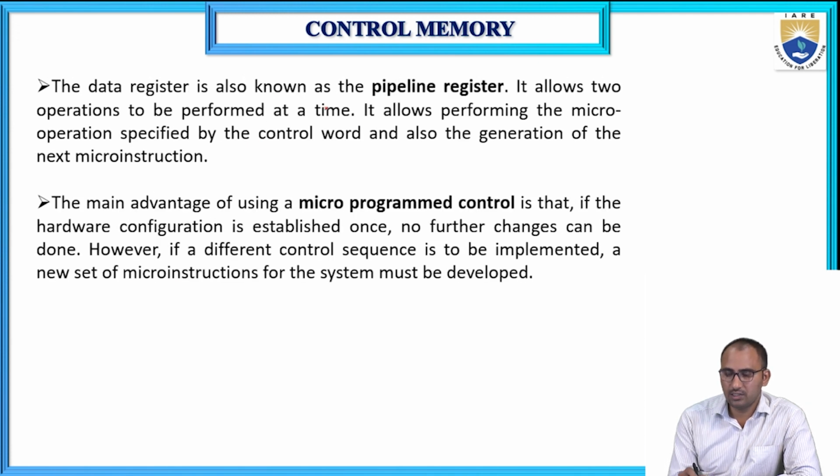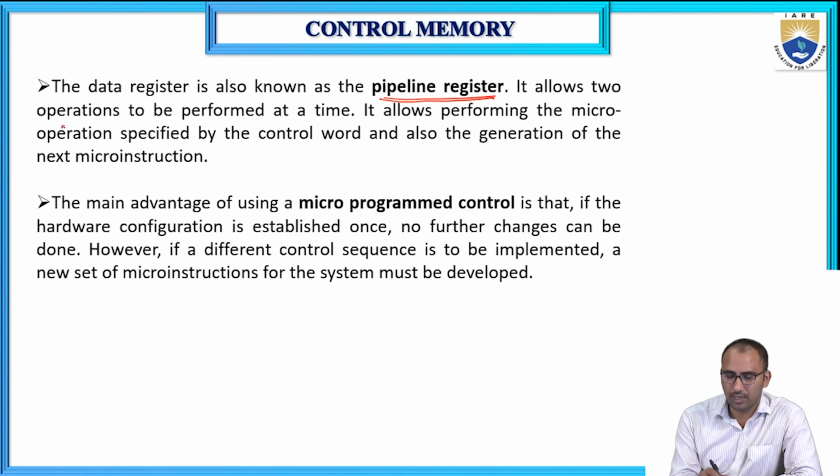The data register is also known as the pipeline register. Already we have seen the control data register; we can also call it the pipeline register. Pipeline means this register performs two operations in parallel. Simultaneously, while executing the current instruction, it also generates the address of the next instruction.